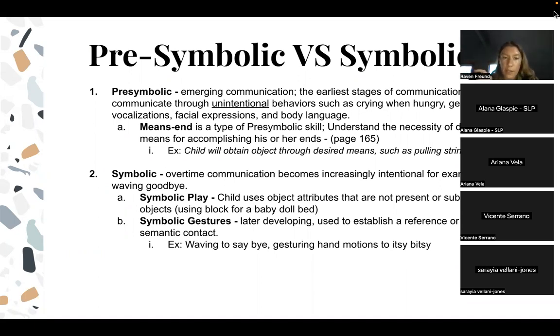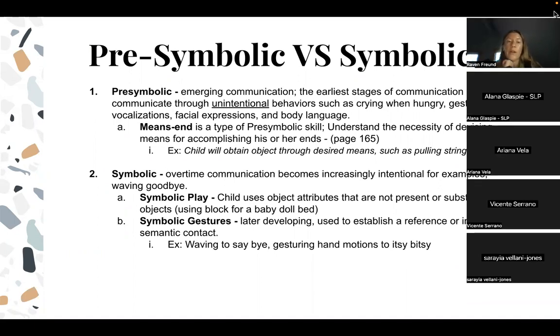I think this should say intentional, guys. You can tell by a baby's body language how they're feeling, right? So think of pre-symbolic as the pre-communication, and then symbolic is the communication that happens over time. And it becomes increasingly intentional.